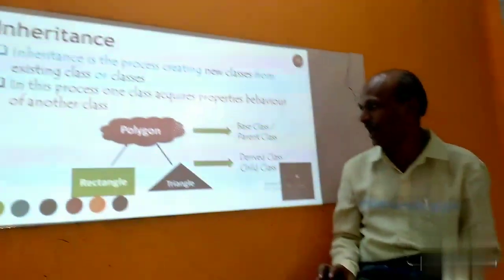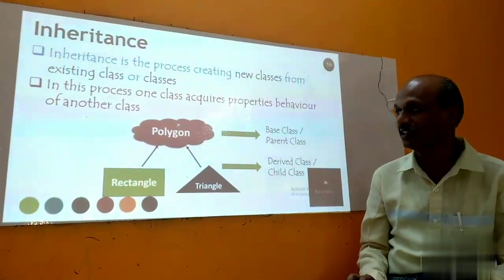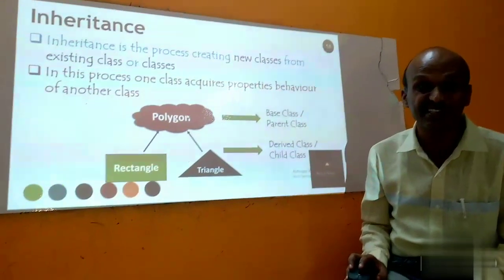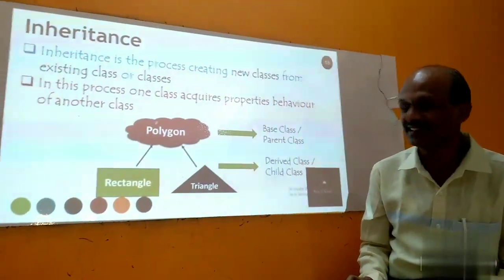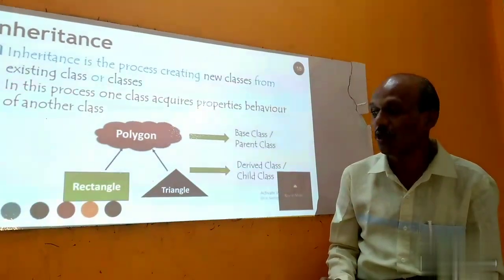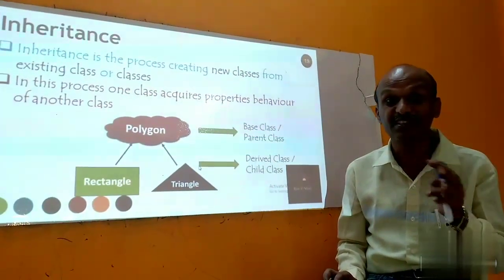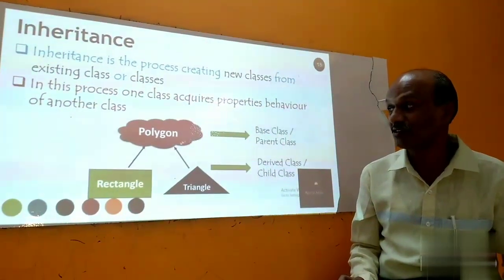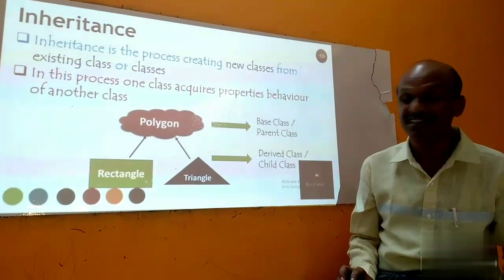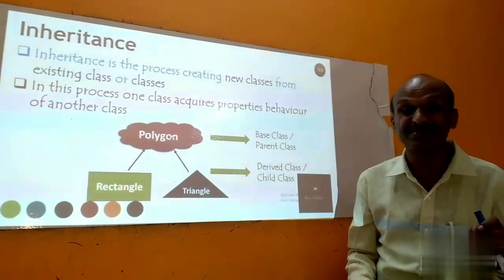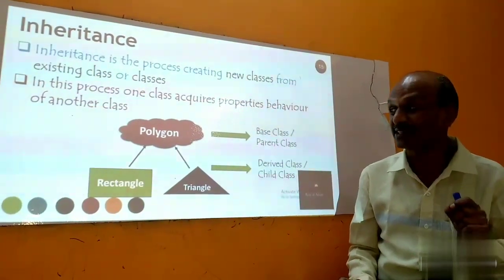So once you have parent classes, you have the basic things, you have a specification, an interface specification, then you can create the concrete thing. So I am using another terminology. Once you have a specification, you can create a concrete thing. So polygon is here the specification or the abstract thing.